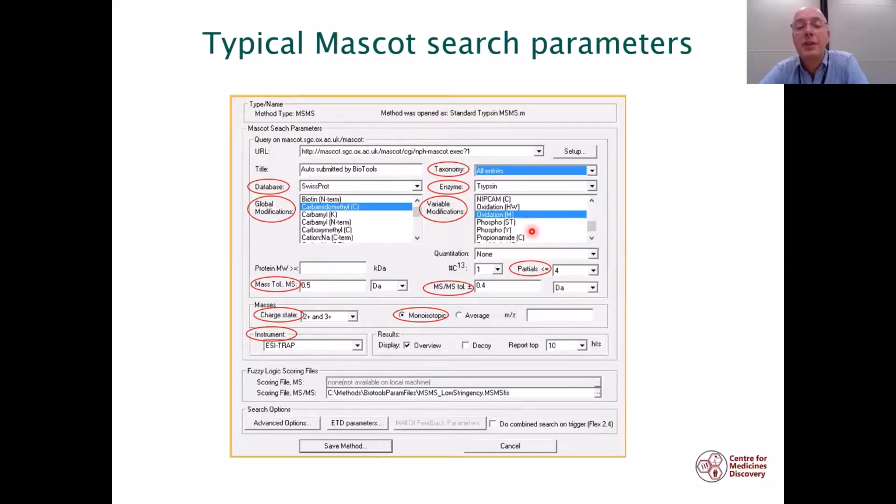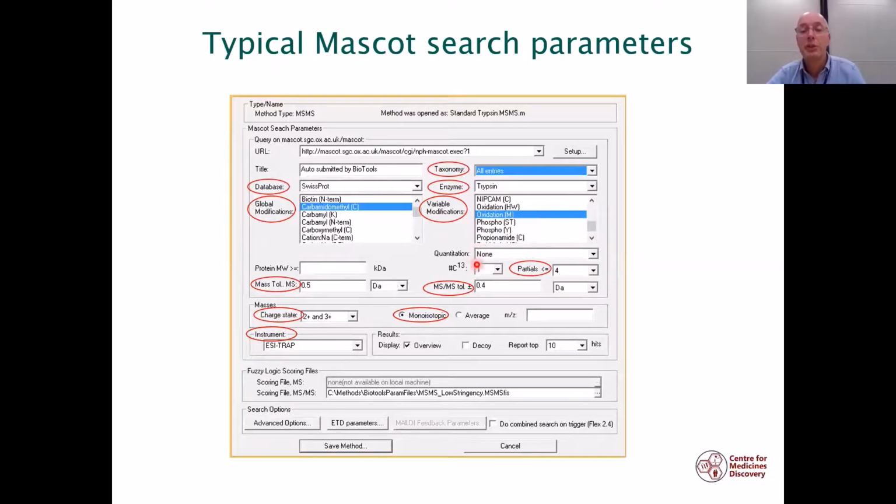So for modifications, you want to keep them to a minimum, and you would only select, say, phosphorylation if you had good reason to suspect that your protein is phosphorylated. If you select these for everything, you will get false positives.